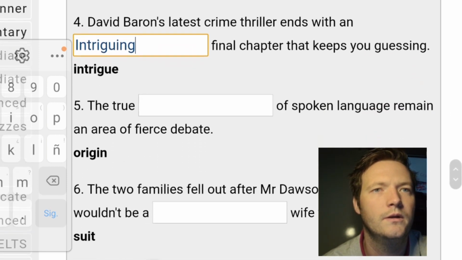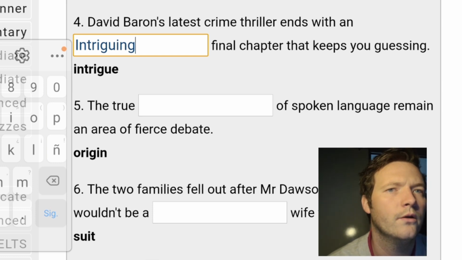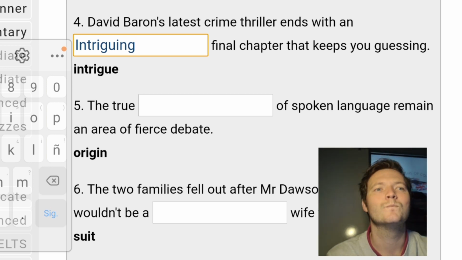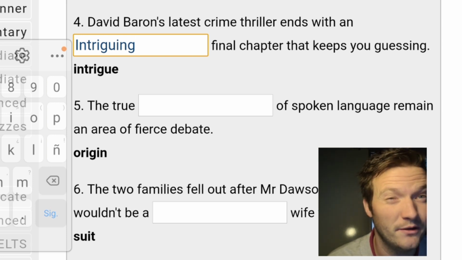Okay, good. The true origin of spoken language remain an area of fierce debate. Now, this is really nasty when they give you one like this, because we have to change very, very little here.